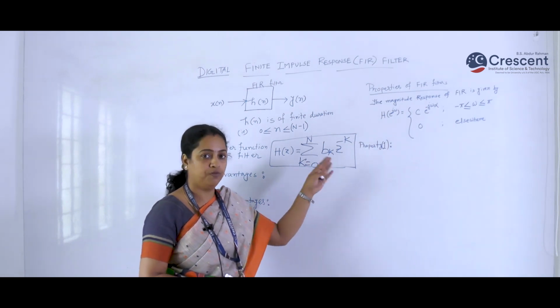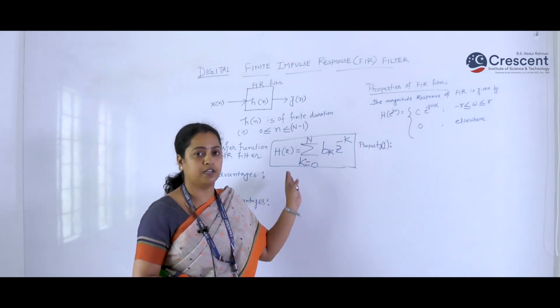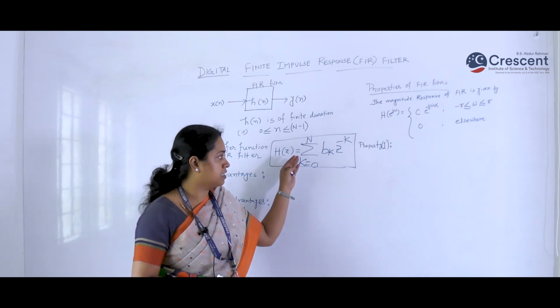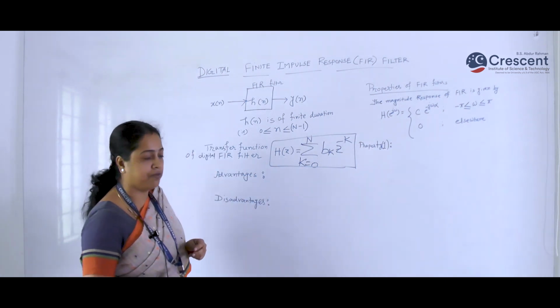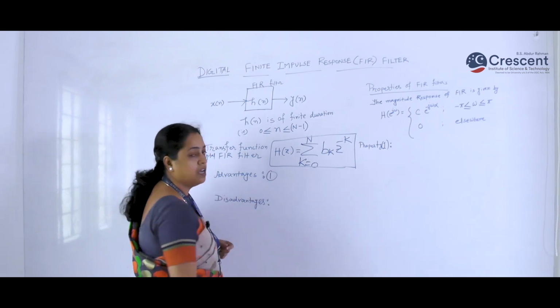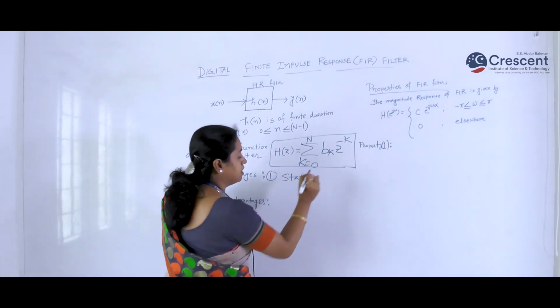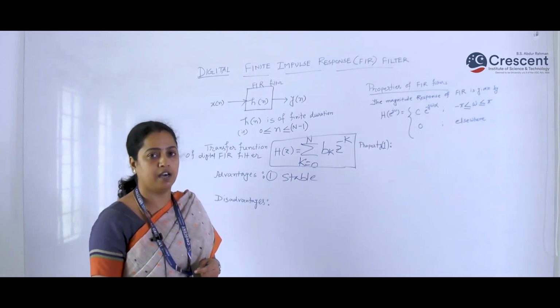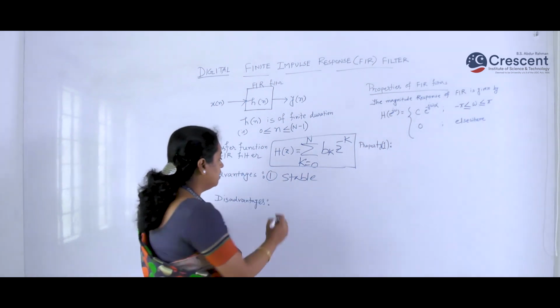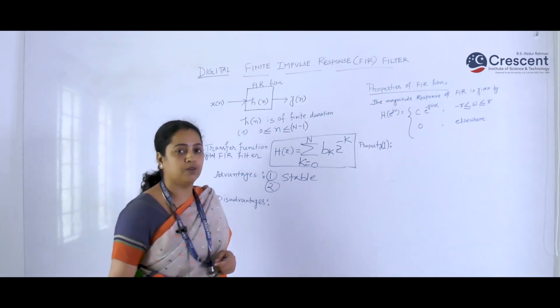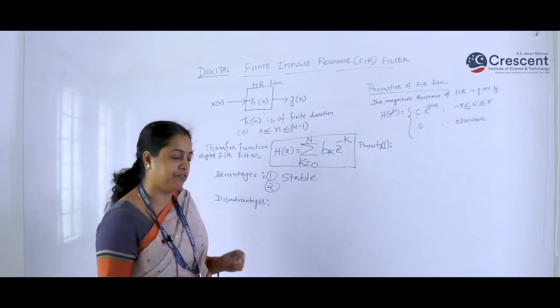There is no feedback, and that's why they are stable. This comes under the advantages of the FIR filter. The first advantage is they are always stable, whereas IIR filters can be unstable. One more advantage of the FIR filter is that they have linear phase.